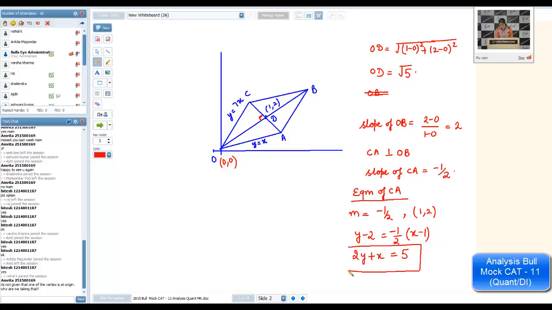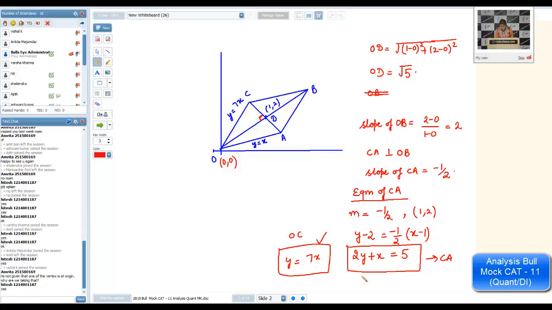That is the equation of CA. And we know the equation of OC. OC is y is equal to 7x. Now this is the equation of CA and this is the equation of OC, and we know that C is the intersection point of these two lines. By solving these two equations, we can get the value of x and y, which will represent the point C.